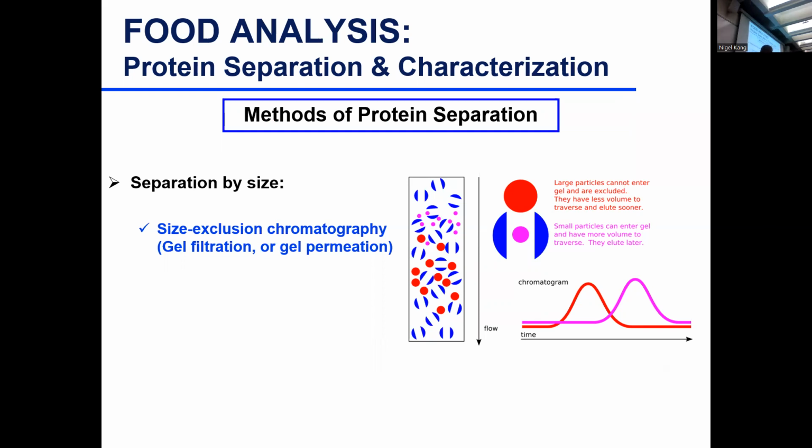And then once we load the sample, so we have our eluting buffer, then we load our sample. If the size of our sample particles, the proteins, let's say we have aggregates, is larger than the biggest pore size, then there is no separation. They go out with the void volume. They go out with the elution or eluting buffer.